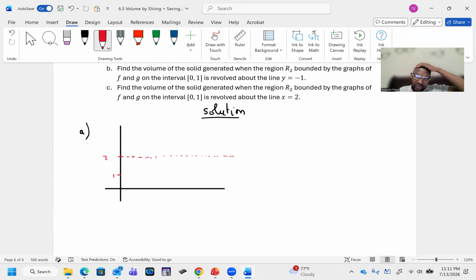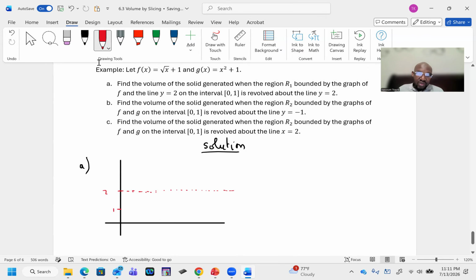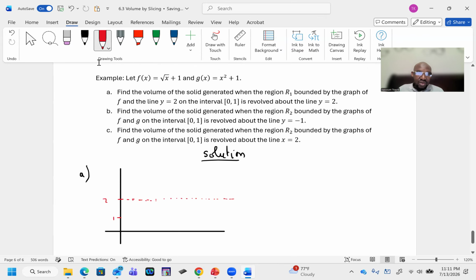So now we are talking about f of x, which is square root of x plus 1. If you sketch the graph of square root of x plus 1, the graph will be moved up 1 unit, and the shape would just be like this, right? Should I make it big so you can understand?